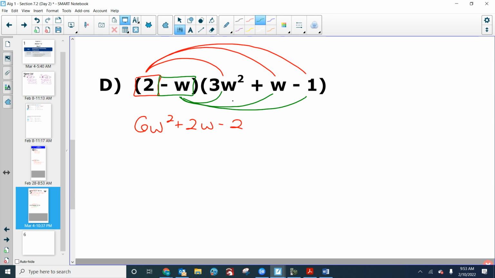All right, Braden. Negative 3W cubed. I don't recognize W3. 3W to the third. Beautiful. Negative 3, negative W squared. I don't like W2, that's like a tax form.